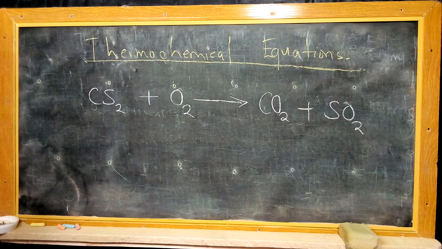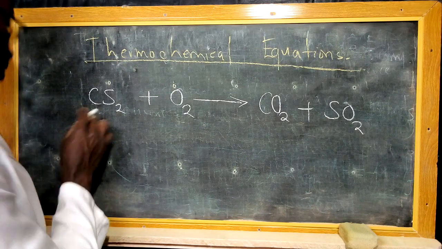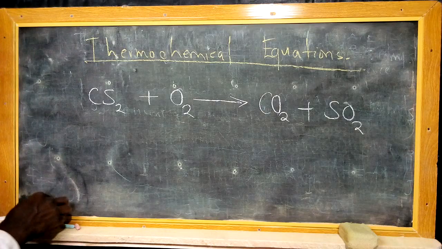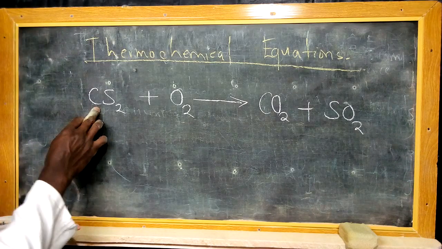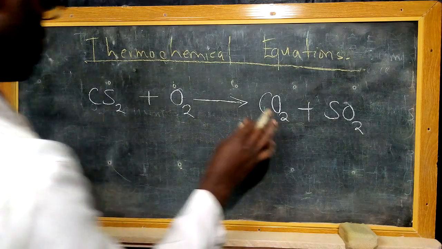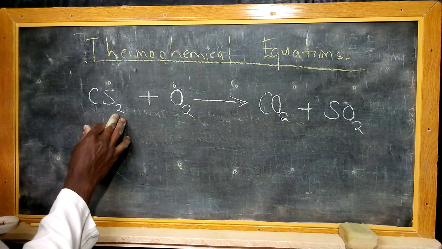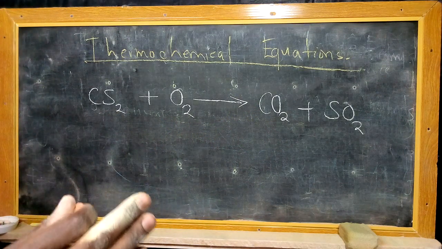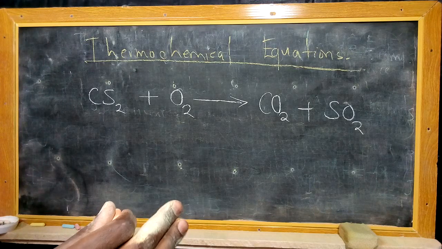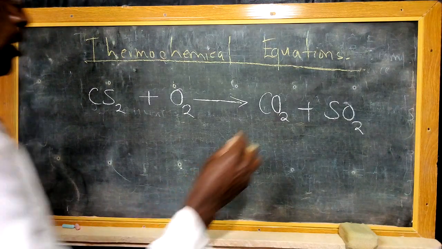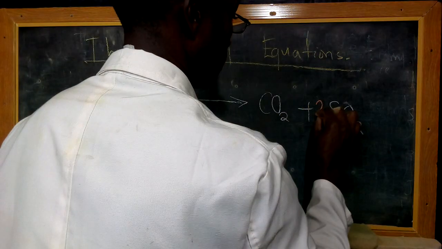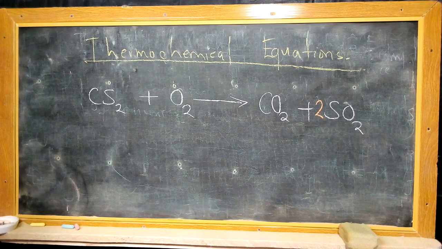The number of carbons is one on each side, so the carbons are okay. For sulfur, we have 2 on one side and 1 on the product side, so we have to change this one to 2 to balance the sulfur.